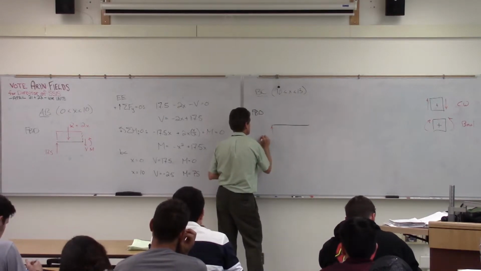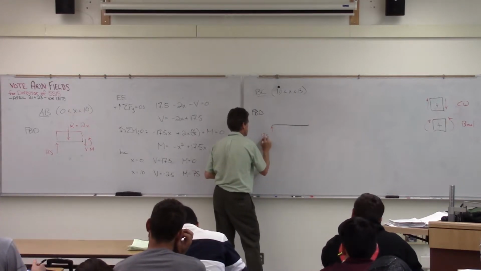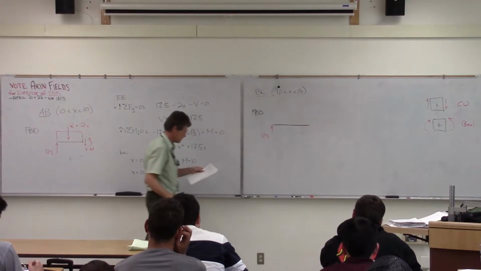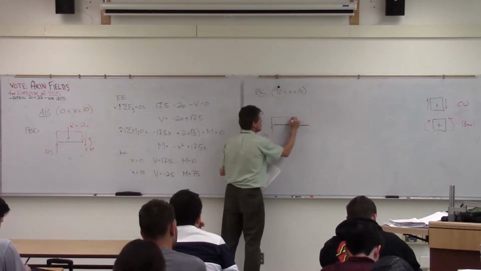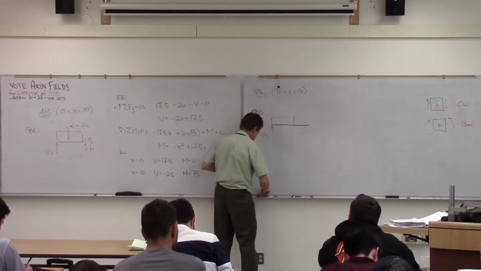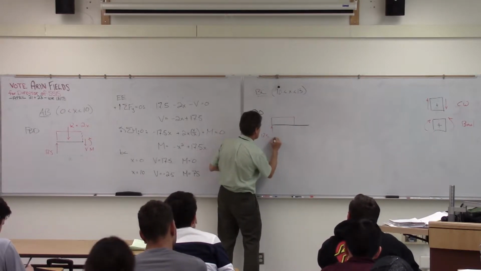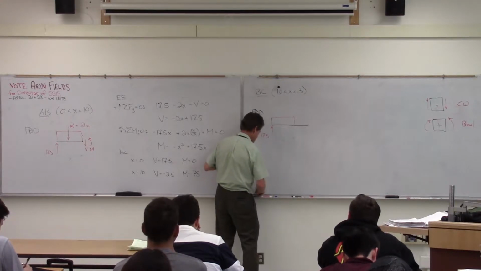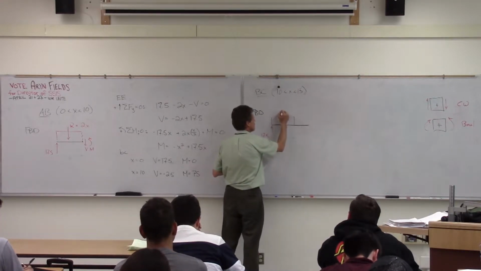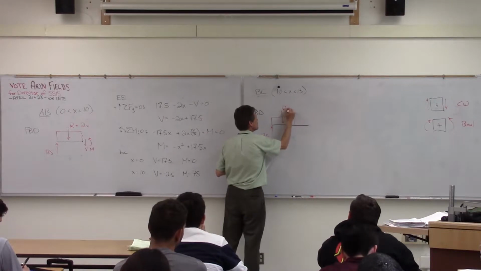My concentrated load at the end there doesn't change. Now the interesting thing is now when I get to 10, my uniform load ends, so my R doesn't change anymore.